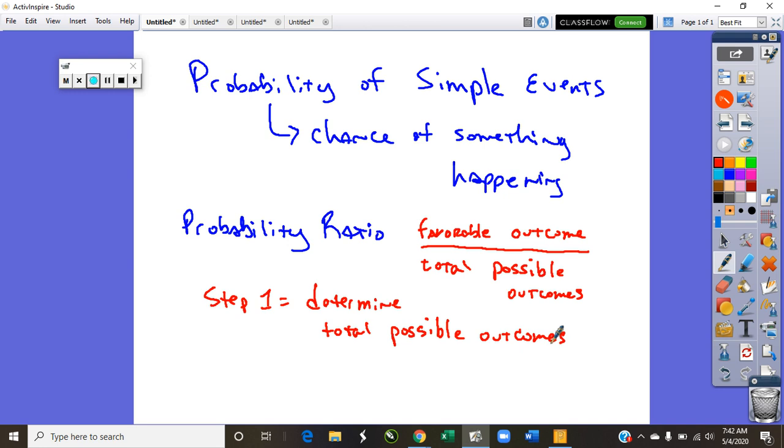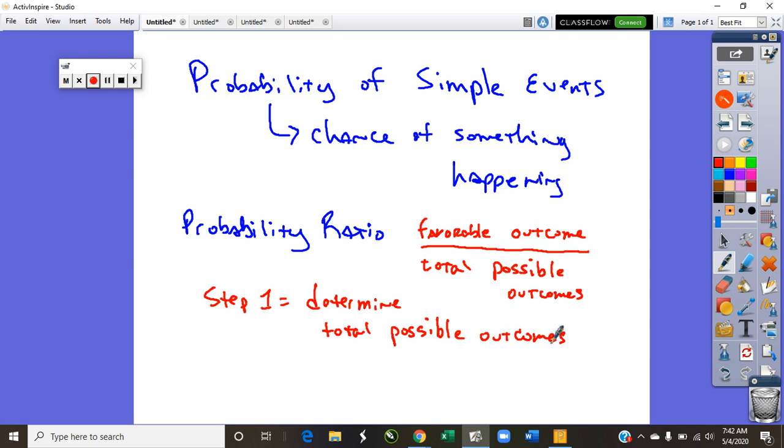For example, everybody knows if I flip a coin, the chance of me getting a heads, it's 50%, right? Or one out of two. Well, where that 50% comes from, how many heads are there? There's only one. But how many possible outcomes are there on a coin? It's either heads or tails. There's nothing else it can be.